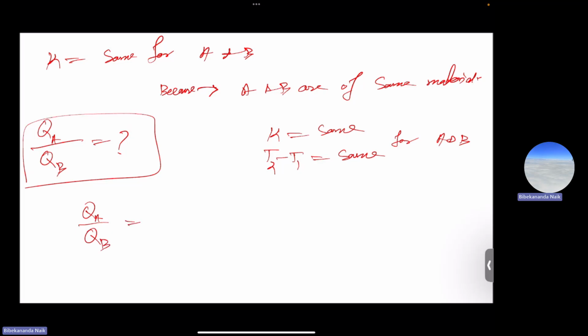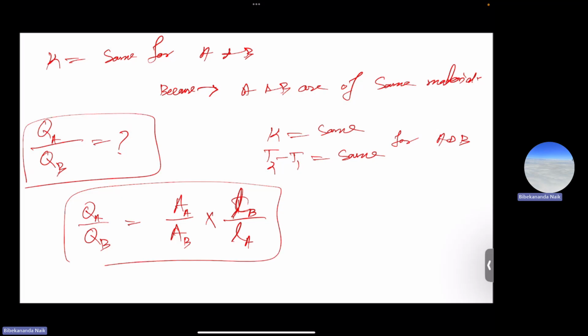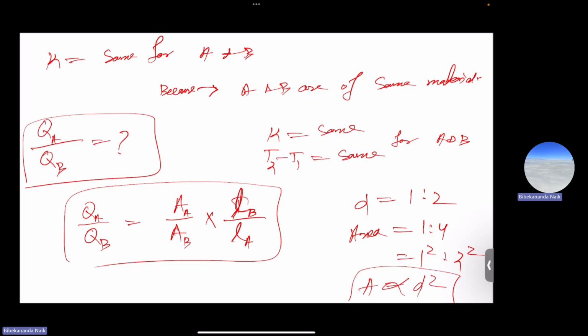QA by QB will be equal to AA by AB into LB by LA, because L was in the denominator. Now when the diameters are in the ratio 1 is to 2, area will be in the ratio 1 is to 4, because 1 square is to 2 square, because area is directly proportional to d square, isn't it?